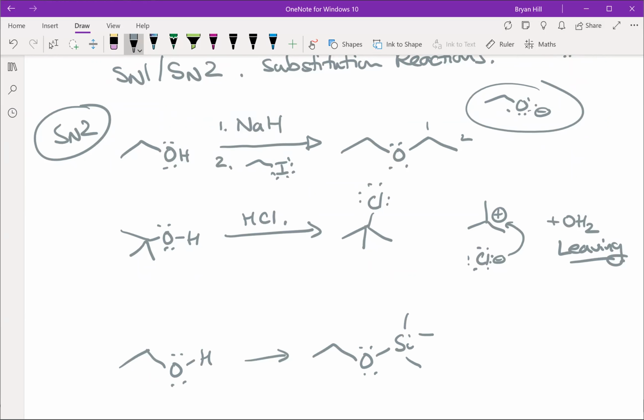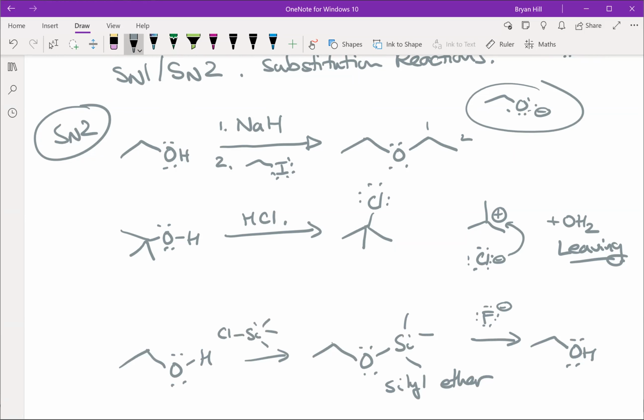So this would be what we would call a silyl ether. Carbon, oxygen, silicon. So carbon, oxygen, carbon, that's an ether, and this one's a silyl ether. Then you could do chemistry elsewhere in the molecule, and then you could remove it with fluoride, because that was a good group to remove silicon, and you regenerate your alcohol.